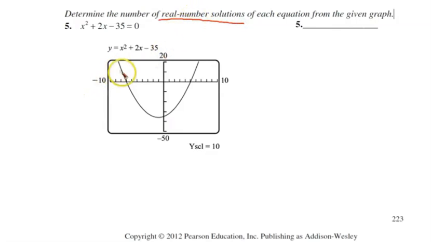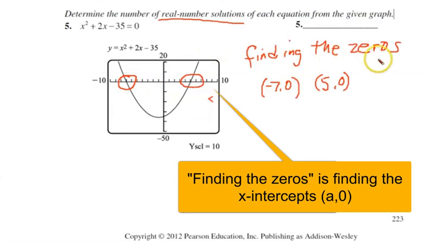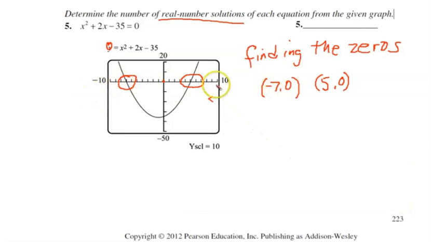Well, when a graph like this crosses the x-axis, and remember we did some of this when we said finding the zeros, that is when y is 0, this is a 0 here, this solution would be the x-intercept of -7, 0, and this one is 5, 0, the x-intercept.